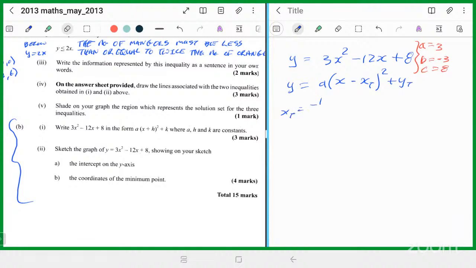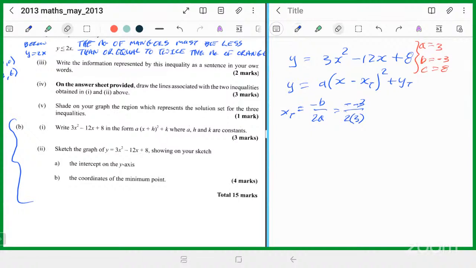It's minus b divided by 2a, so minus, and then the b is negative 12, divided by 2 times a. A is 3 as well. Sorry, the b is negative 12.